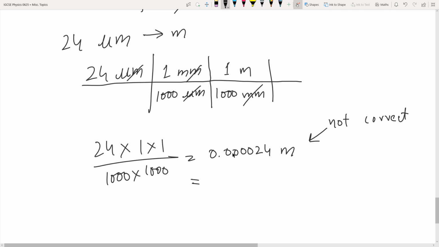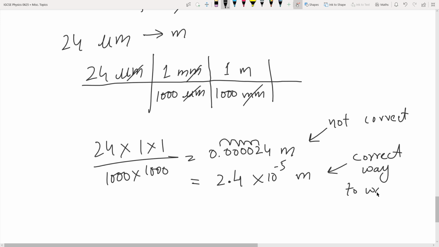If you remember scientific notation, I need to have the first digit non-decimal, so counting 1 2 3 4 5, it is going to be 2.4 times 10 to the power minus 5 meters. Now that is the correct way to write it. As I said, the numerical value was correct, but we need to understand scientific notation, so keep that in mind. Scientific notation is very important when you're writing answers.